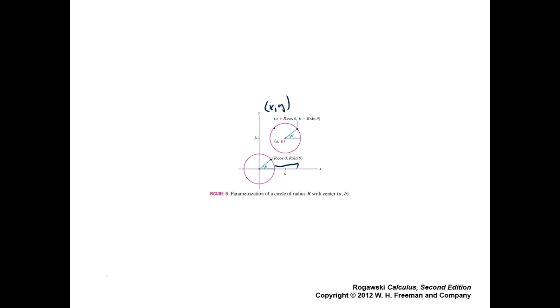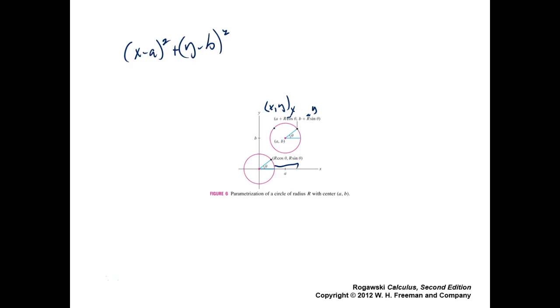Now, if indeed this is your x and this is your y, so if you've got some point there, x minus a squared plus y minus b squared, that is sort of your generic expression of the equation of a circle.